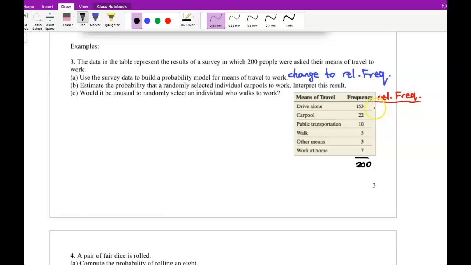So the first one is 0.765. Here 22 divided by 200 is 0.11. This one I have 0.025, 0.015, and finally 0.035. So this is what I got for part A.